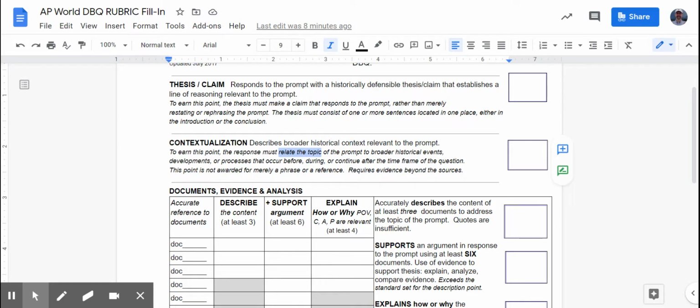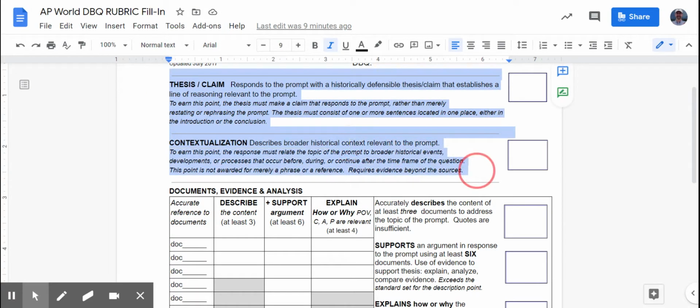You can say, at the same time, such and such was happening, in a similar, or you could say in a different manner, or influencing events related to the prompt. Somehow connect the context information to the topic of the prompt. Okay, and again, many of you are doing this outstandingly. So these 2 together form your first paragraph.